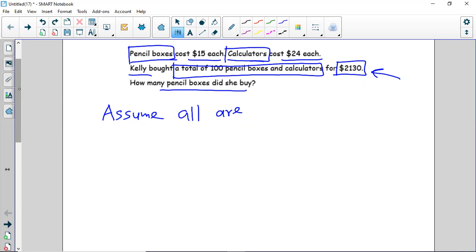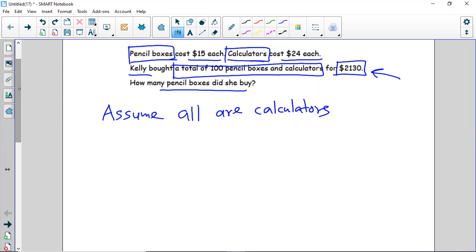They put the total money as all. But what is all? All is the total number of items. So assume all the items are the opposite of what the question asks you, which is calculators. We always tell students to assume the opposite of what the question asks.